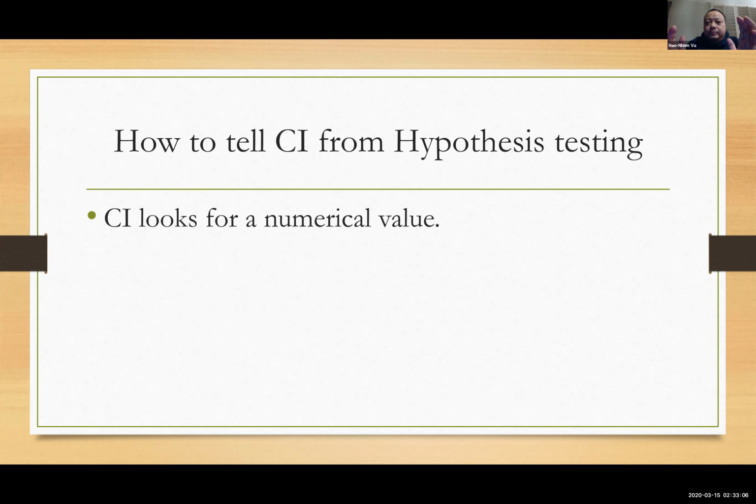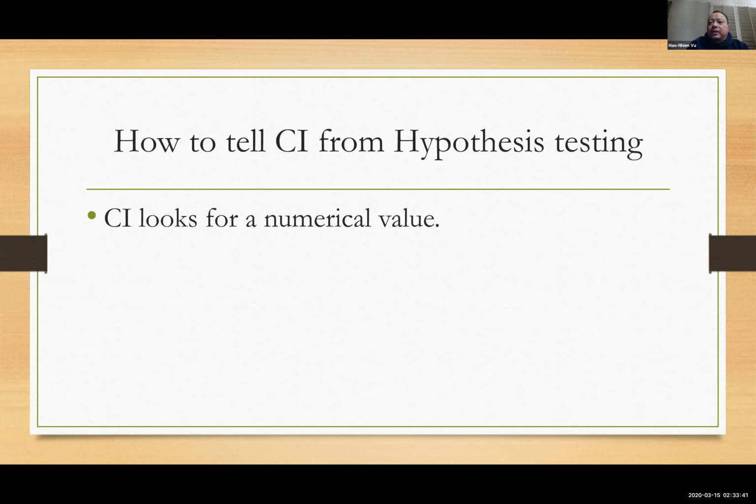Or you can think of it as a point estimate in the middle, plus or minus the margin of error, and the lower and upper limits result from that. All of those things, the point estimate, the margin of error, and the lower and upper limits, will be numerical values.